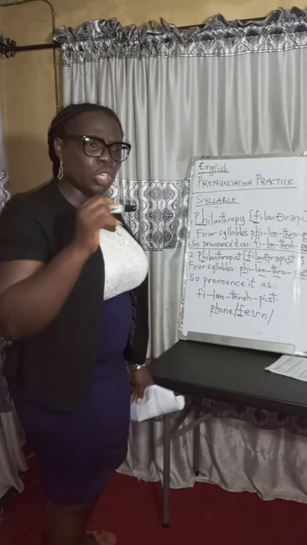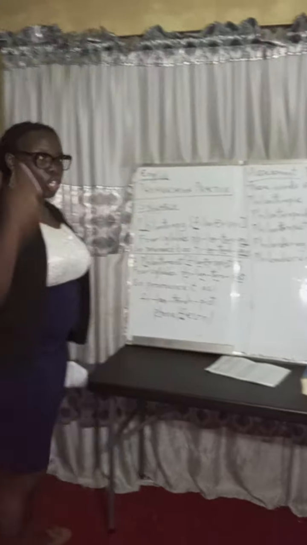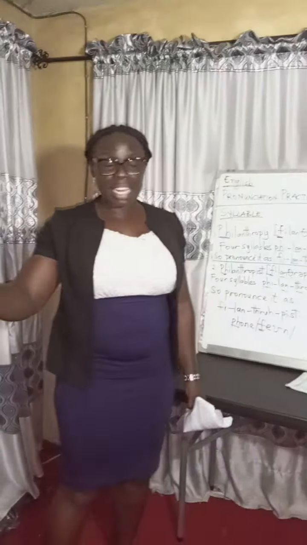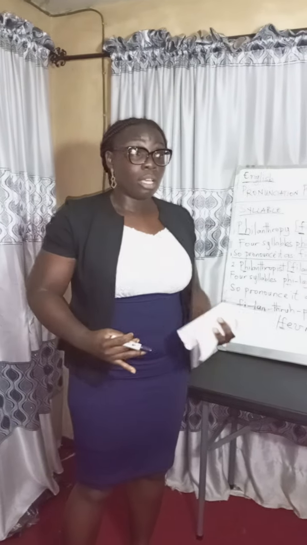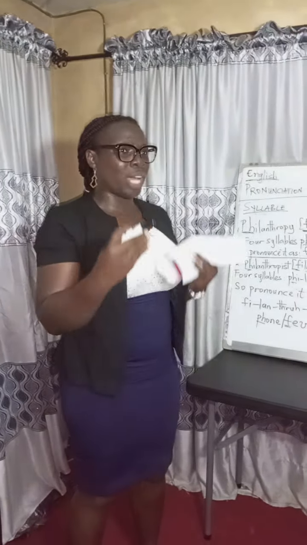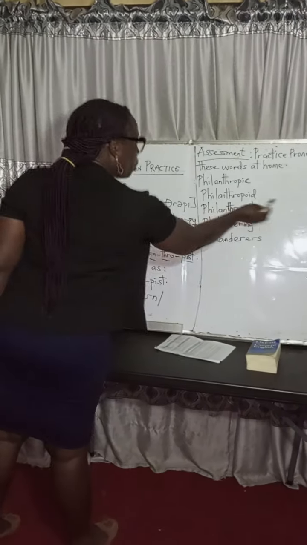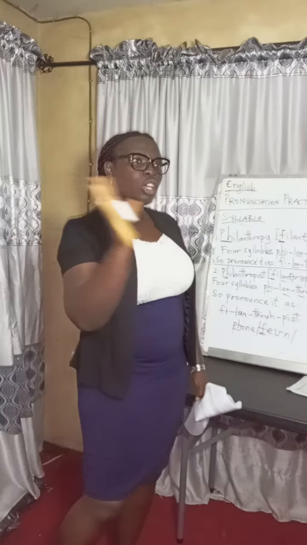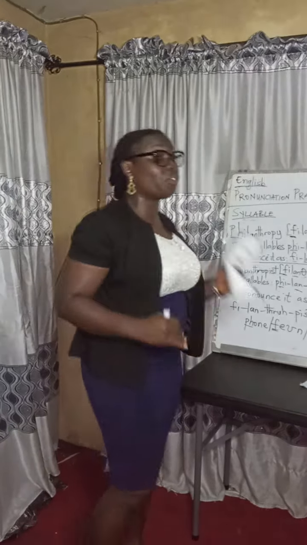You go home, to your online dictionary, you type in philanthropic. You listen to the sound, you pronounce. When they say their own, you say your own. You listen, you do it over and over again. Maybe three or four times, you now notice you've started getting the sound. You go to the next one, philanthropoid. You type it in, you play the sound, you listen, you practice. You listen, you practice, and you do this over and over again.